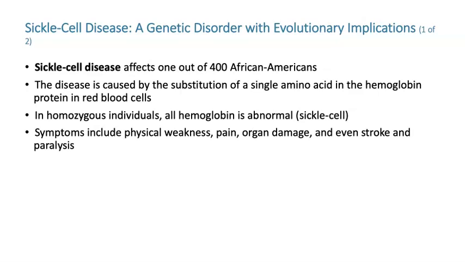If you're homozygous, every bit of hemoglobin that you make is abnormal, and it does look sickle-shaped. I've got a picture of this on the next slide for you. Some symptoms include physical weakness, pain, organ damage, stroke, and paralysis. This is a very painful and deadly disorder.